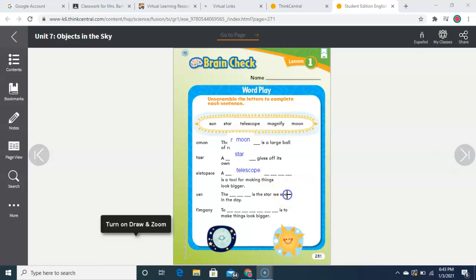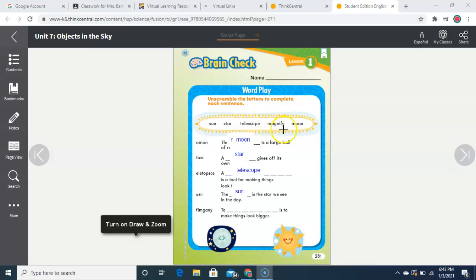Okay. My next one says, the blank is the star we see in the day. If I unscramble it, it should say sun. And the last one, to blank is to make things look bigger.